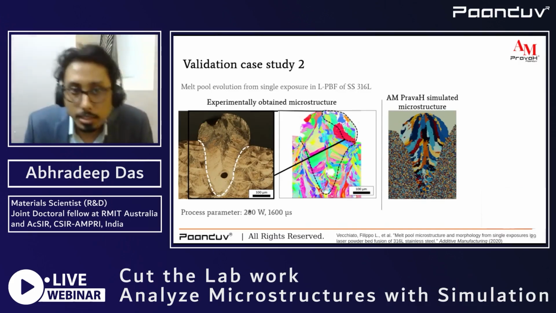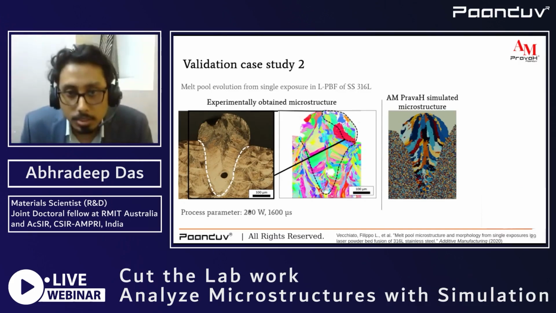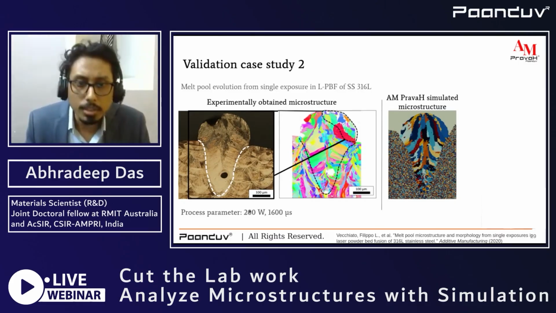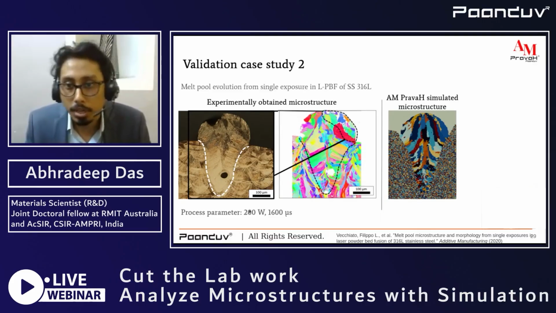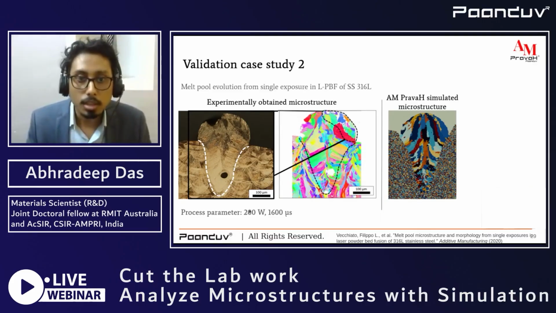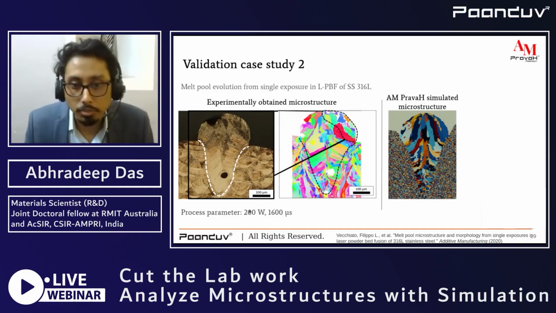Another validation case study that I would be discussing here is how accurately we can capture the melt pool dynamics, and from that melt pool dynamics how accurately we can predict the microstructure simulations. In this, we have data that we have collected from a publication.